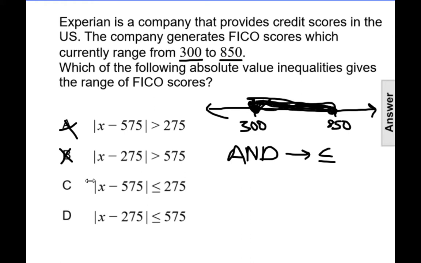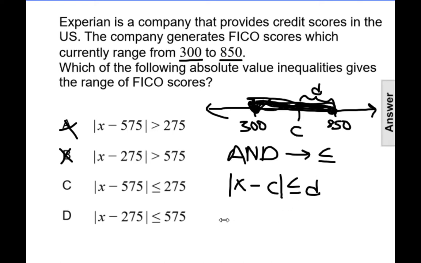Now we just have to focus on our center and our distance with our inequality to choose between C and D. So if we look at our model of our absolute value inequality, we would have the absolute value of x minus c is less than or equal to d, where c is the center between 300 and 850, and d is the distance from the center to either endpoint.